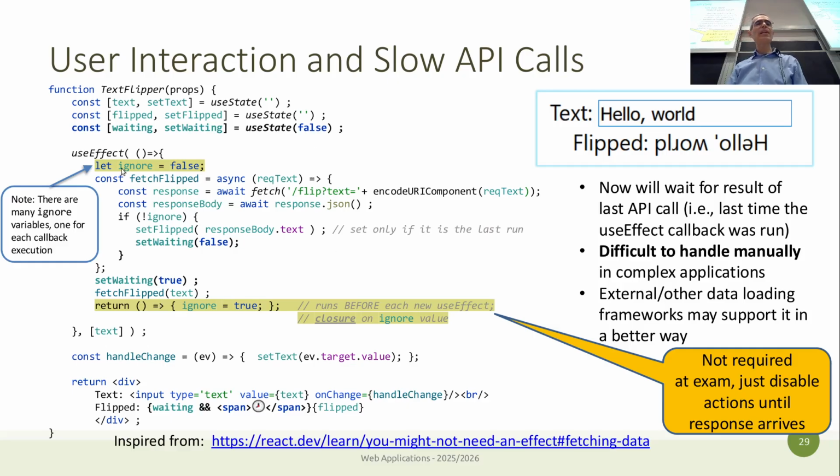And so basically they create a variable ignore false before running the fetch, and in the cleanup function they write ignore true, okay? And there is an ignore variable for each time you use this callback, because this callback is recreated each time the component is rendered, okay.